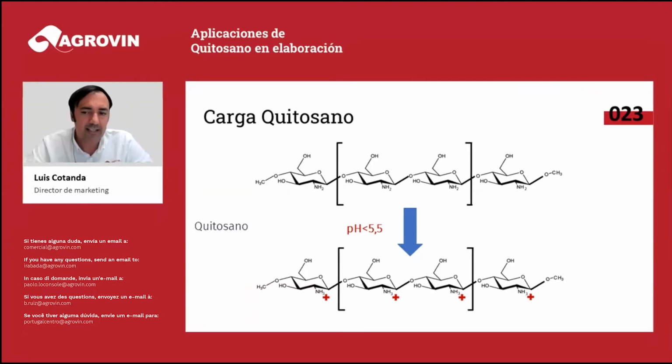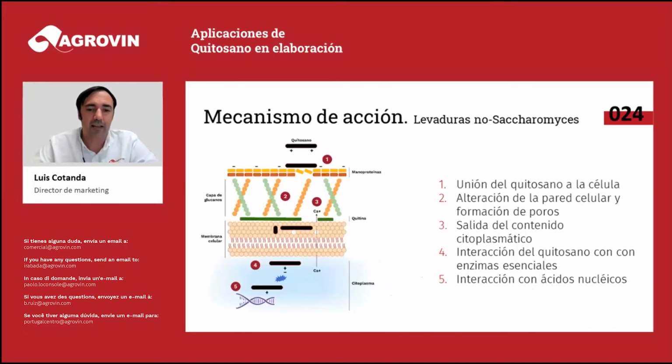It has biocompatibility. The mechanism differs depending on the compound, but basically chitosan is able to introduce itself inside the membrane of cells, and this is how it works. In a first phase, because of electrostatic attraction, it adheres to the membrane of the non-Saccharomyces yeast cell, where it gets to the membrane proteins and alters the structure of the membrane, and it is able to penetrate the cell.